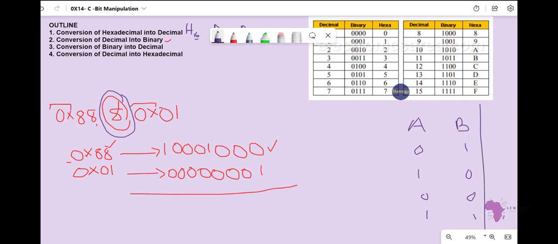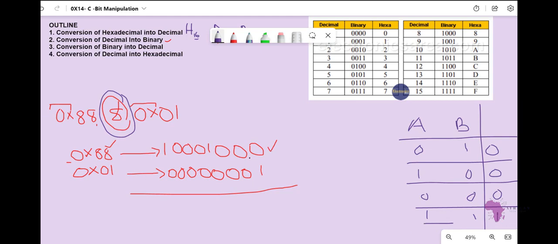What this tells us is that when both of them are true, that is when it becomes true, when both of them are 1. So 0 and 1 gives us 0, 1 and 0 gives us 0, 0 and 0 gives us 0. The only instance when we have 1 and 1, it gives us 1.